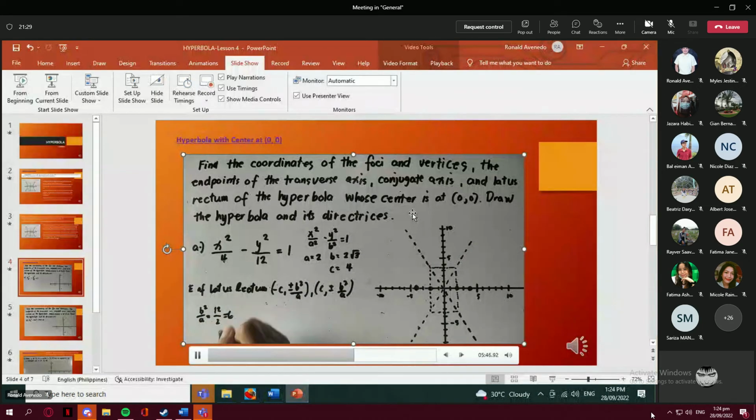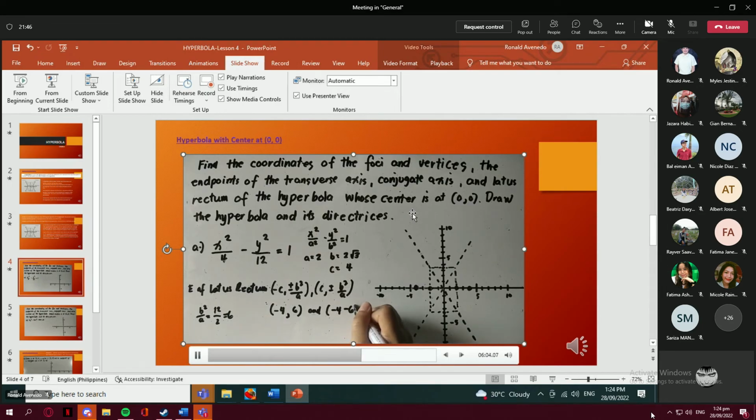So this is 6. So therefore, one pair is negative 4, positive 6, and the other one is negative 4, negative 6.